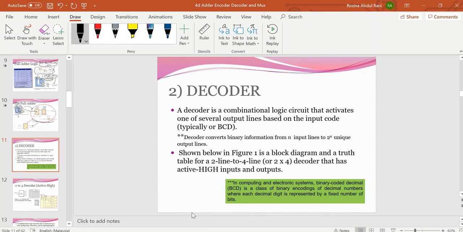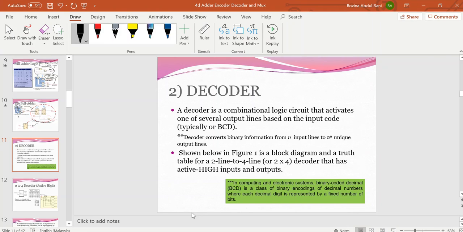Normally the input code for a decoder is BCD, binary coded decimal, where each decimal digit is represented by a fixed number of binary bits. So what is BCD?